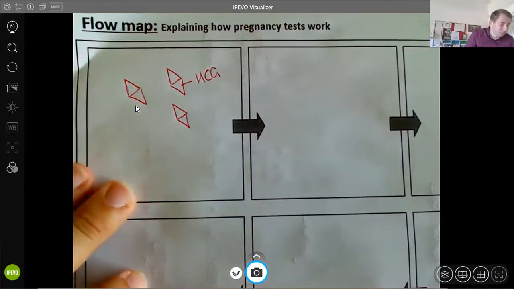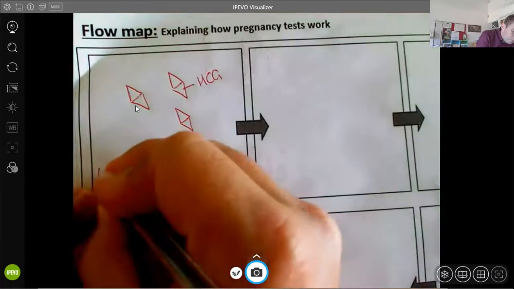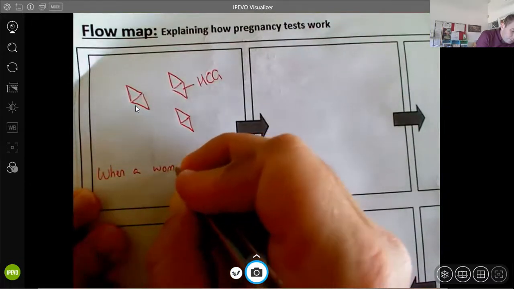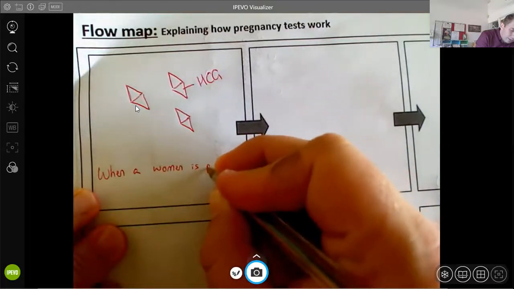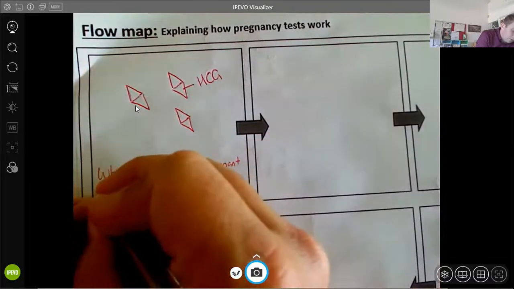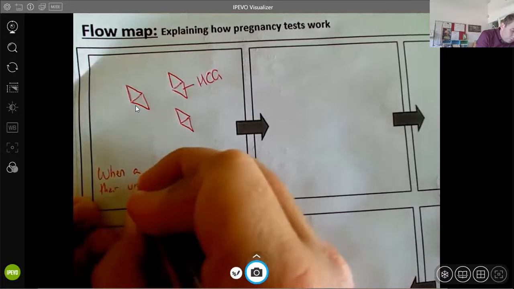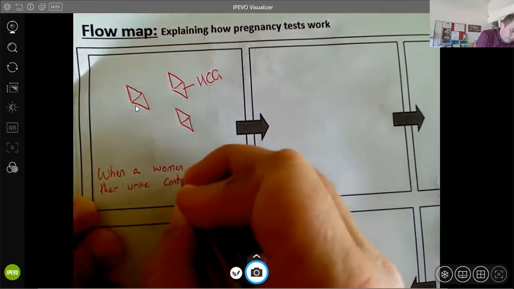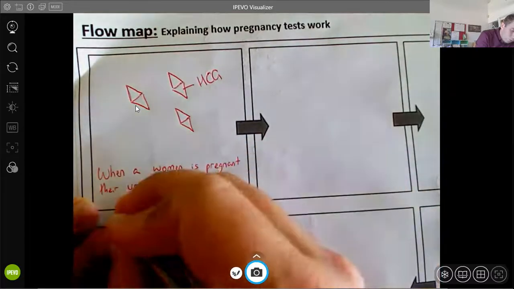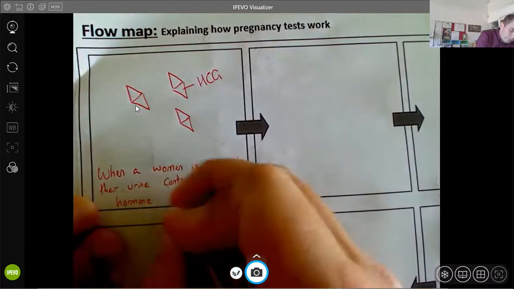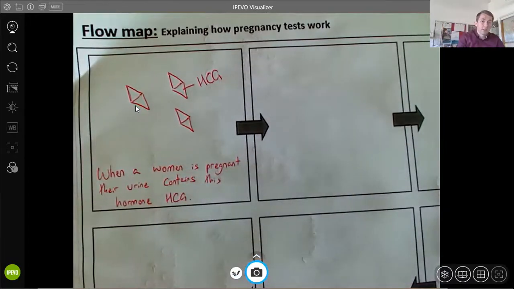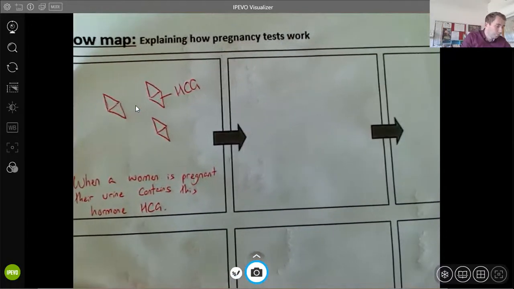And the reason we learn about this one is because when a woman is pregnant, their urine contains this hormone, HCG. So whenever a pregnancy test is done, it is testing for the presence of this hormone.